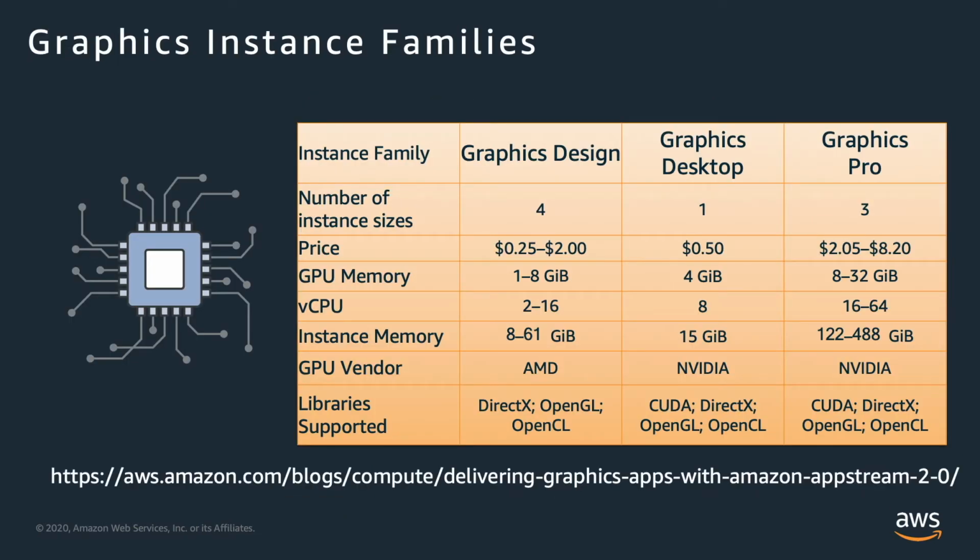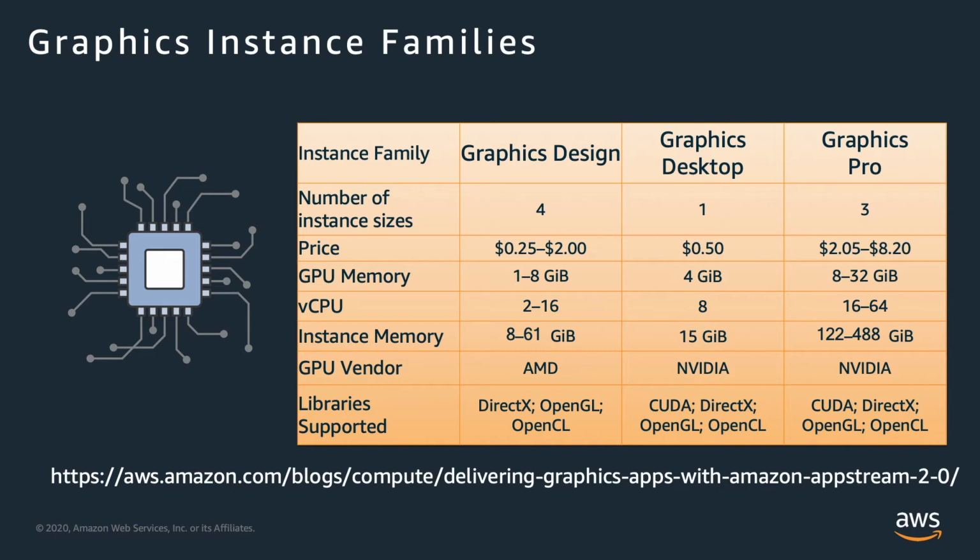So let's take a look at the graphics instance families. For graphics, we provide three options: Design, Desktop, and Pro. The Graphics Design family runs on AMD FirePro, and it is ideal for applications relying on hardware acceleration through DirectX, OpenCL, and OpenGL. Examples of applications include Adobe Premiere Pro, Autodesk, Siemens NX, and so on.